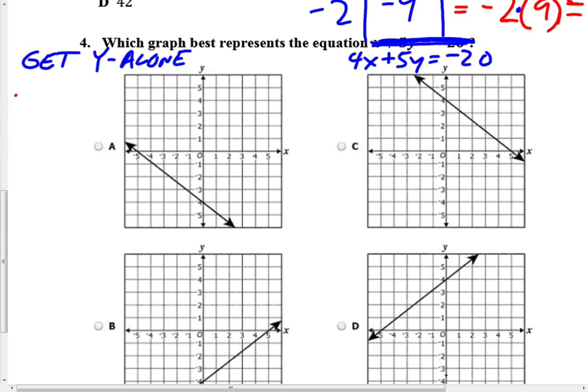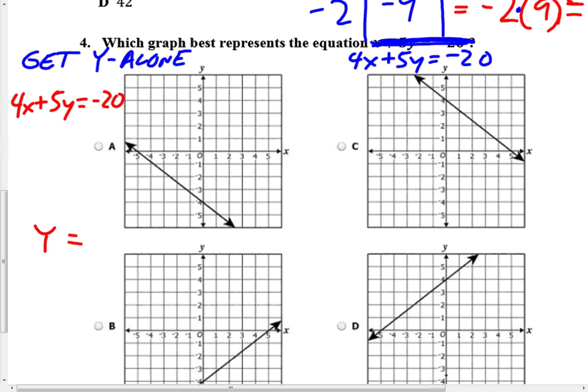We should take 4x plus 5y equals negative 20, and your job is to get y by itself. Tell me what to do. How would you start to change this to look like this? Subtract 4x.